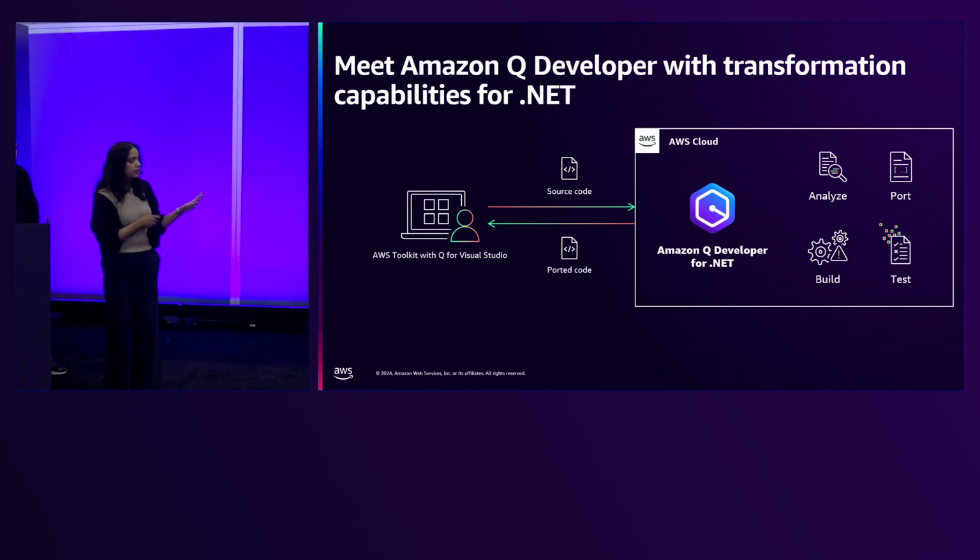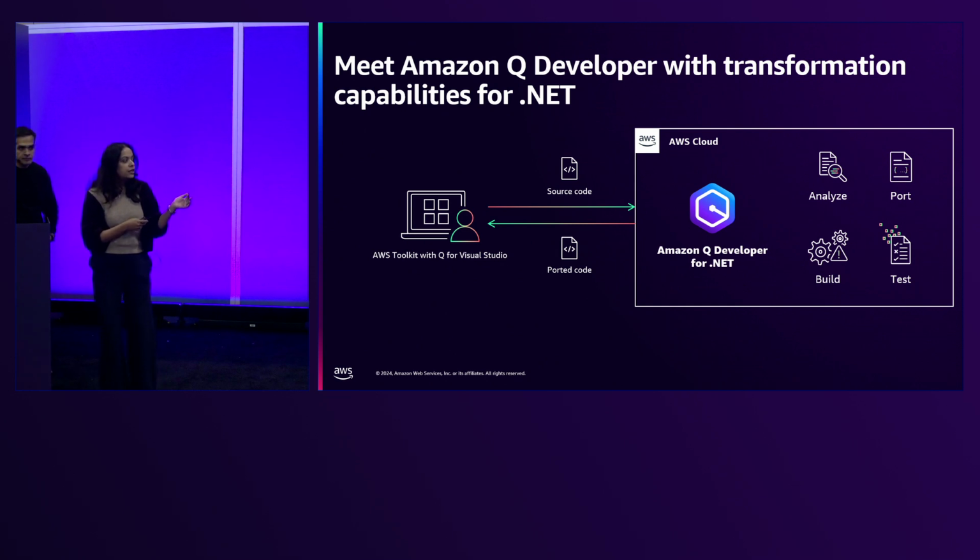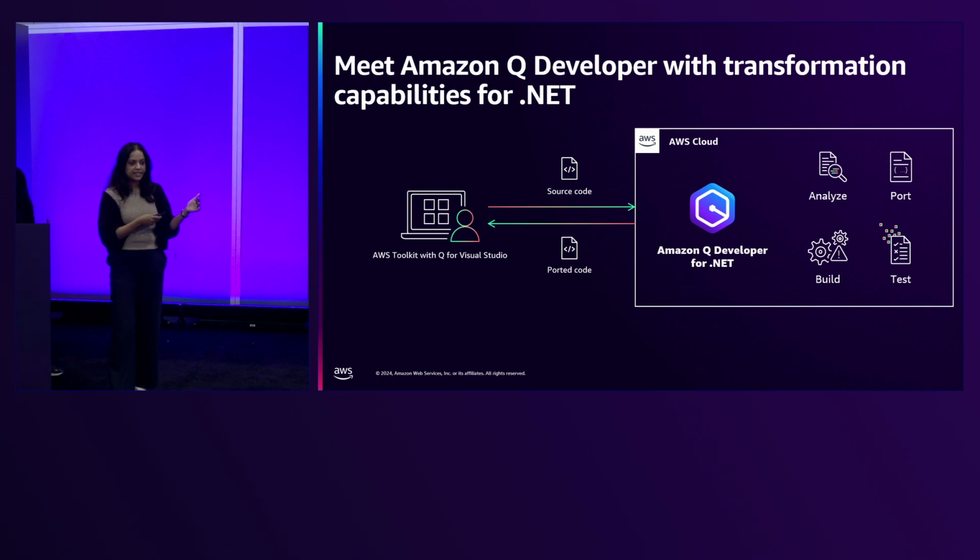This is how it will look. Within your Visual Studio IDE, this feature will be available along with the AWS Toolkit with Q for Visual Studio installation. Once you have installed the toolkit, you can port server-side components of your .NET application right from within your IDE.